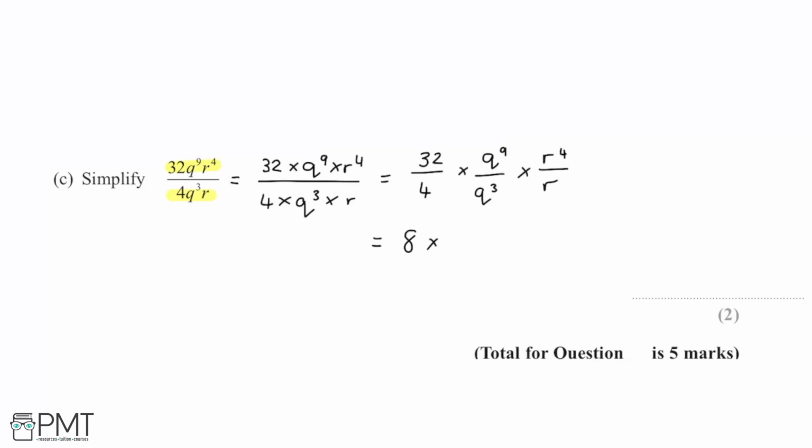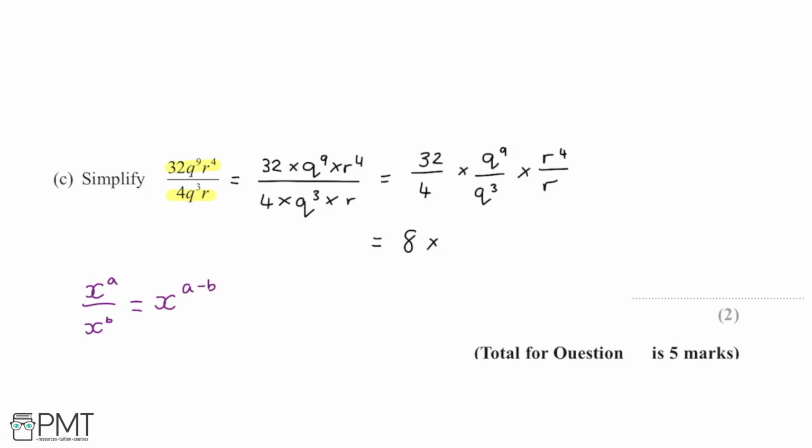And then we're multiplying that by q to the 9 over q to the 3. So here, again, I'm going to be referring back to my laws of indices. For example, if I had x to the a over x to the b, so when we have the same variable raised to two different powers, one over the other, this gives us an answer of x to the a minus b.